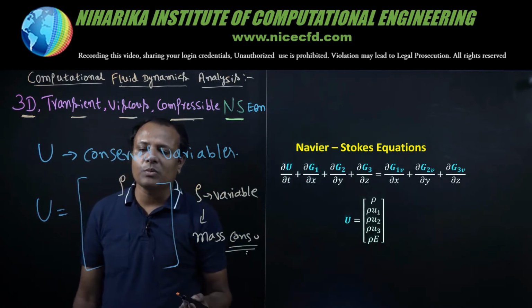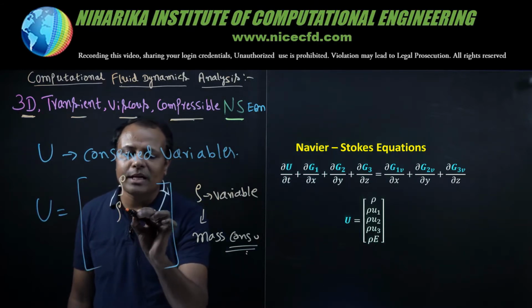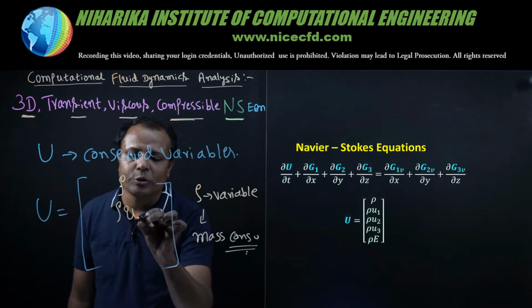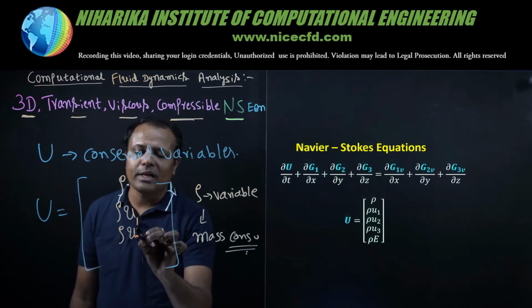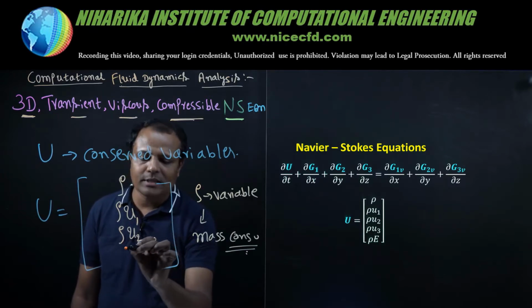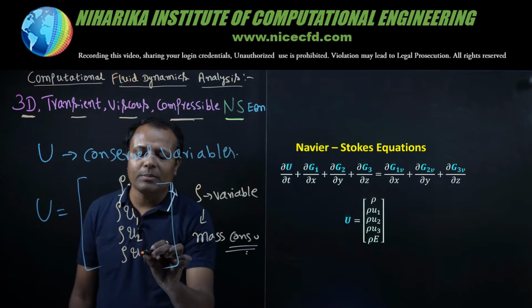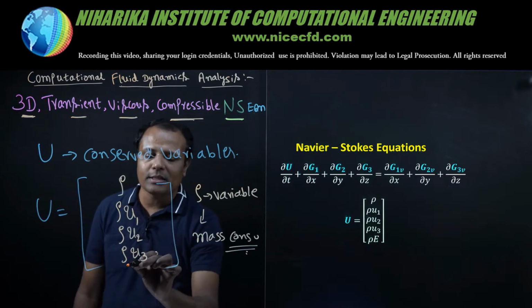Then momentum is what? Mass multiplied by velocity. Mass multiplied by x velocity component u1. X momentum is conserved. Mass multiplied by y velocity component u2. Y momentum is conserved. Mass multiplied by z velocity component u3. Z momentum is conserved.